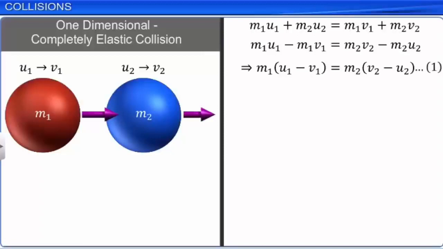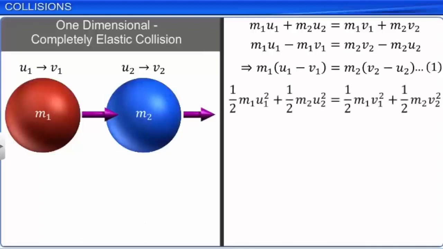Since the total kinetic energy is also conserved in an elastic collision, we have (1/2)m1u1² + (1/2)m2u2² = (1/2)m1v1² + (1/2)m2v2², or m1u1² + m2u2² = m1v1² + m2v2².